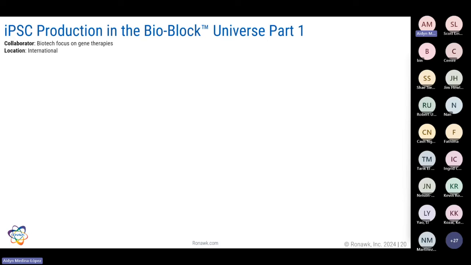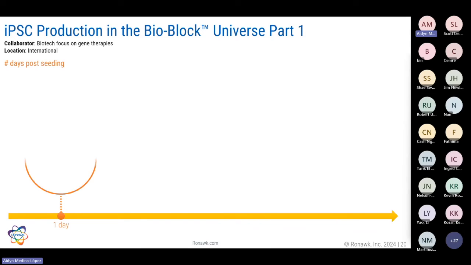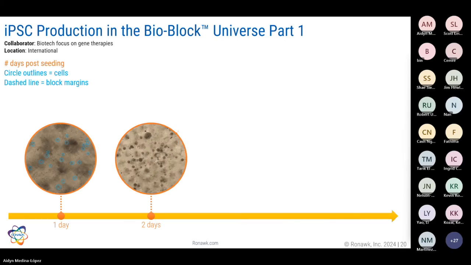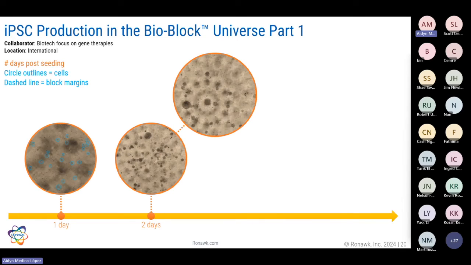The first collaborator is a biotech that focuses on gene therapy, and they are an international organization. What they saw was that even by day 1, 24 hours post-seeding, the cells started to aggregate in different areas of the block. By day 2, these aggregates were huge. They were really big.